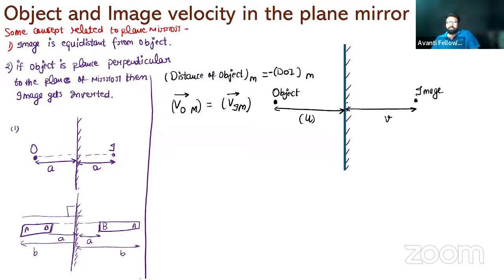Clear? This is the case when the mirror is not moving, only the object and image are moving. The mirror is stationary.